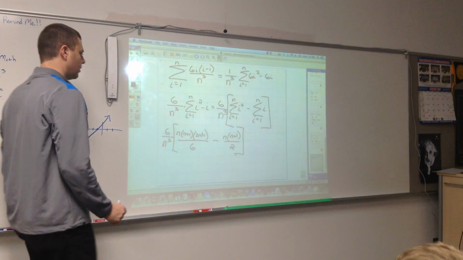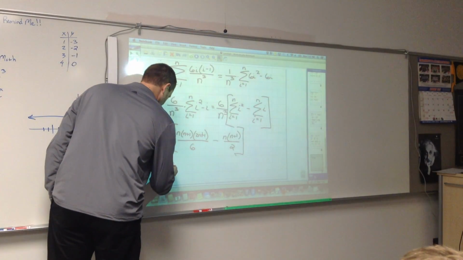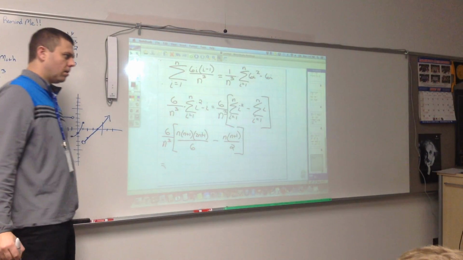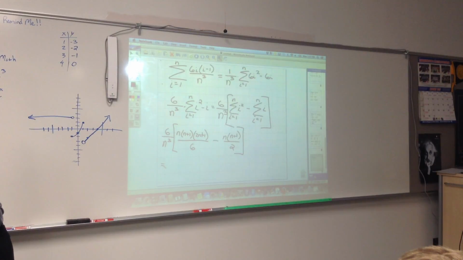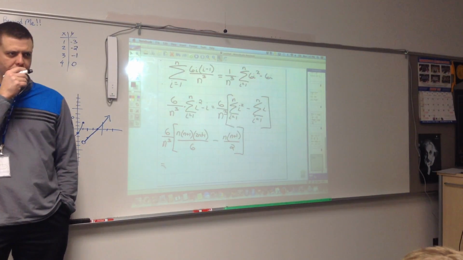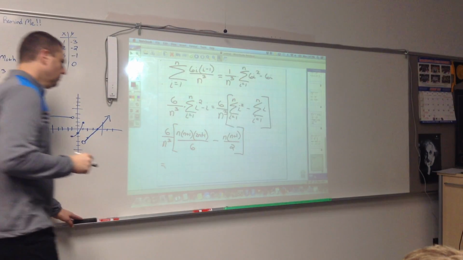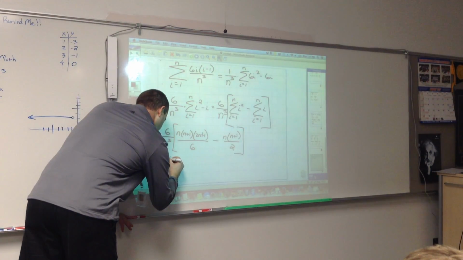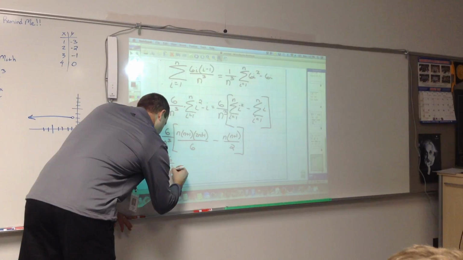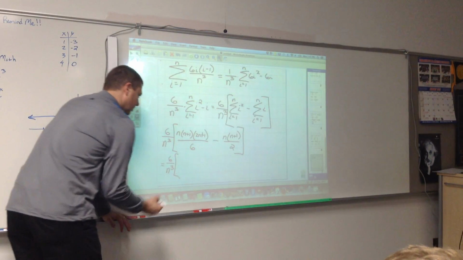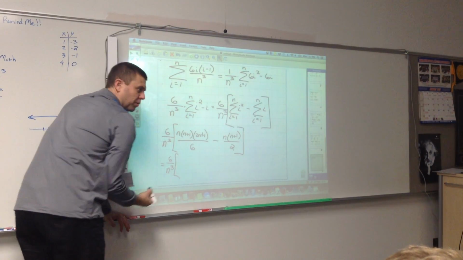You can simplify if you want. Absolutely, you're going to. How did you go about simplifying? FOIL inside. I'll just do this first, n squared plus n.